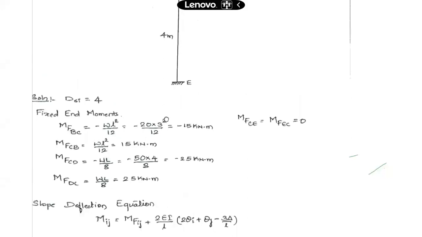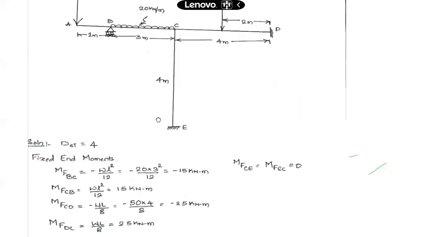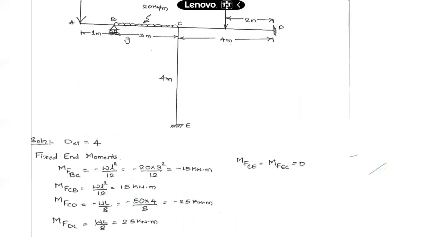Here, if I take the member BC, it is carrying UDL for its entire length. In such a case, the fixed end moment magnitude will be WL square by 12. At this end B, the fixed end moment will be in the anti-clockwise direction. I have used a negative sign for that.